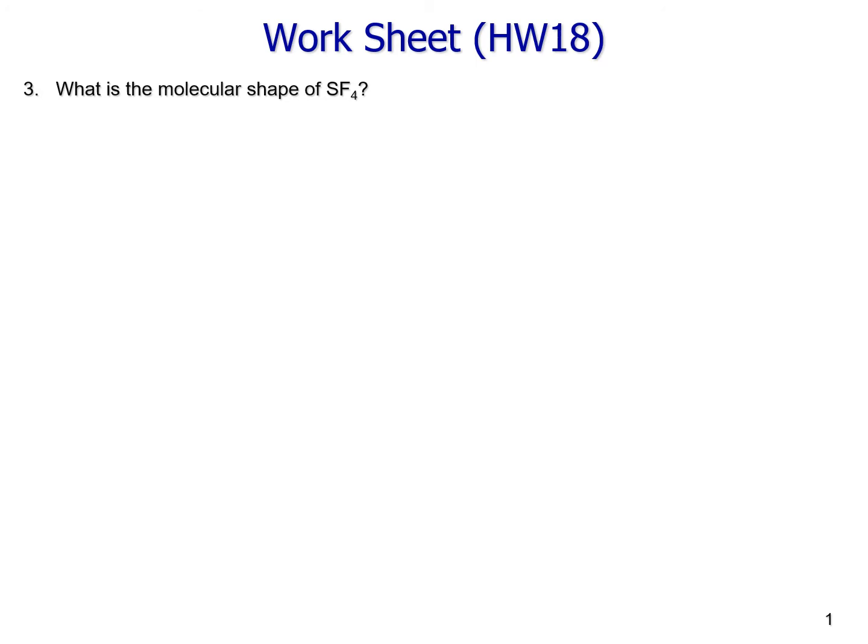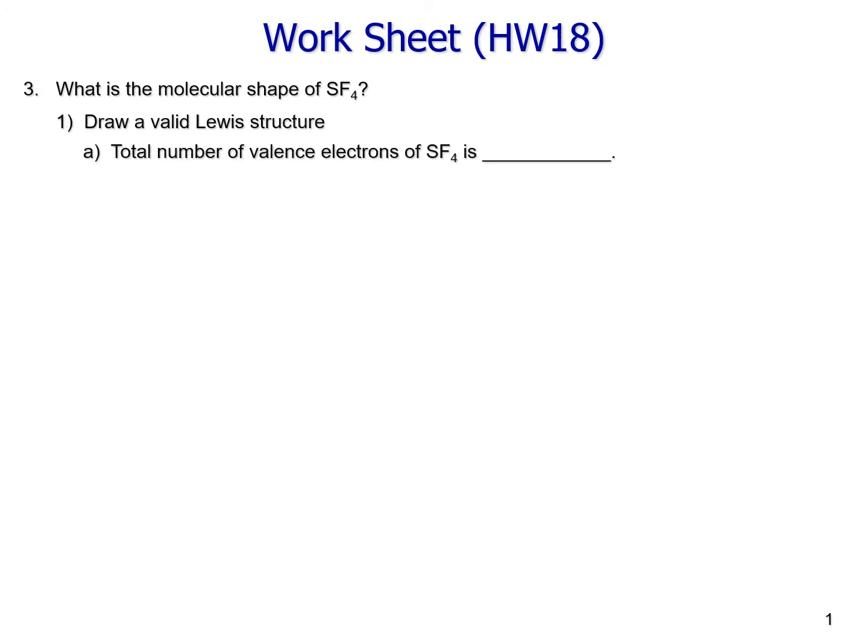In order for us to predict the molecular shape, there are certain procedures that we have to go through. We mentioned that at the end of our last discussion on chapter 8, and we know that first we have to write a valid Lewis structure. There are a few steps in writing a Lewis structure.